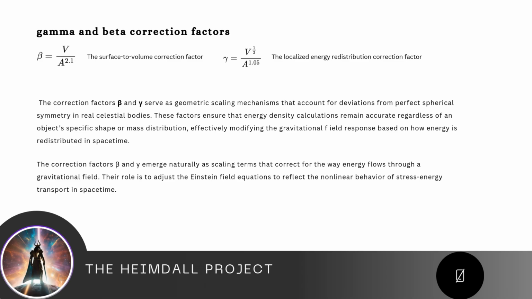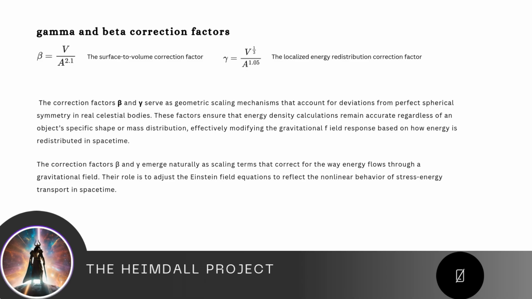So alpha and beta correction factors are saying, okay, there are stresses on celestial bodies, and they come in all different shapes and sizes. And this is the way that beta and gamma use the additional terms in the Einstein field equation to account for that.